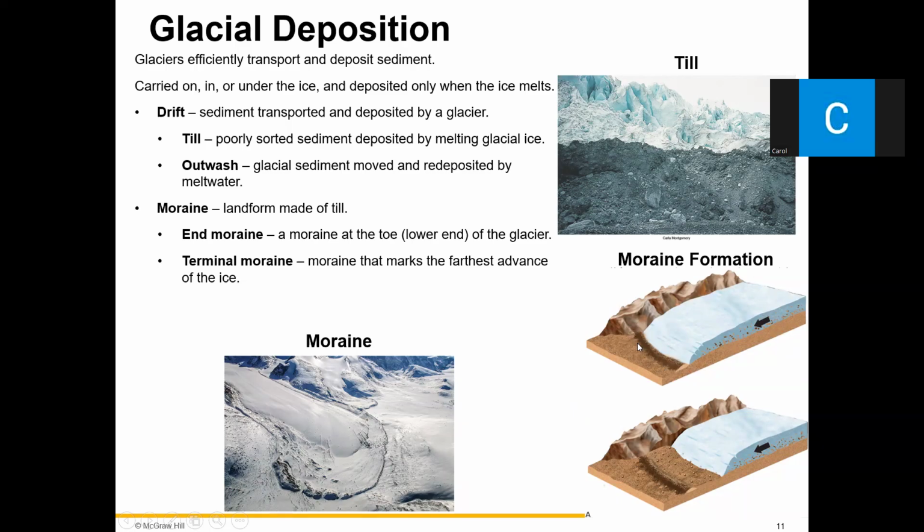Or did I say terminal? Sorry, that's not the right one. Terminal is the furthest one. I might have said terminal before, but you'll get them on the sides, these moraines, and then you'll get the end moraine, and then the terminal moraine is the furthest moraine that you find out.